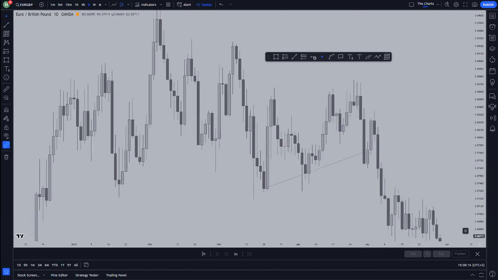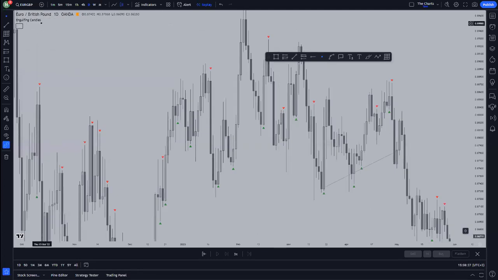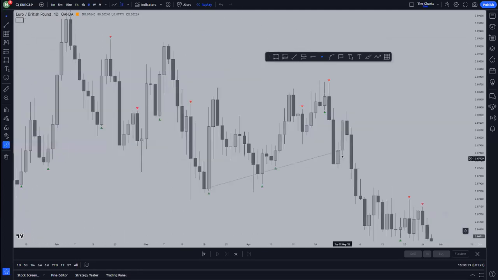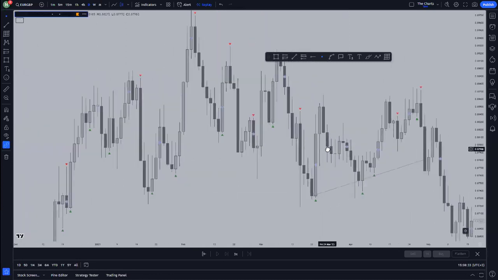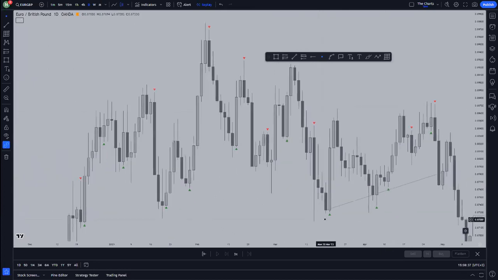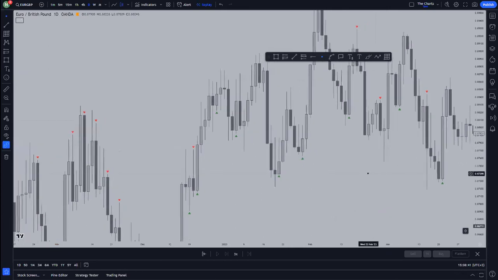I haven't actually looked at it that much, but there's an indicator called engulfing candlesticks. So you can just use that indicator to easily identify your trend lines if you want the higher probability trend lines and so forth.